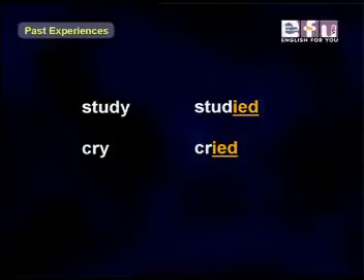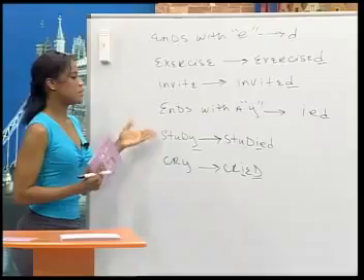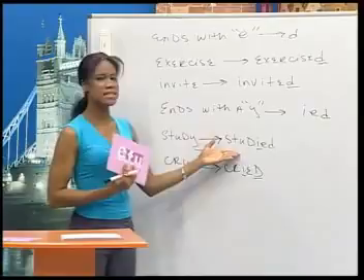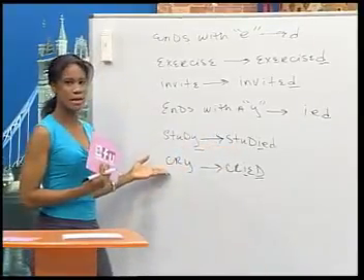Same with cry. Because the Y comes after the R, a consonant, past tense, it becomes cried. Y changes to I, and then we add ED. So study, studied. Cry, cried.